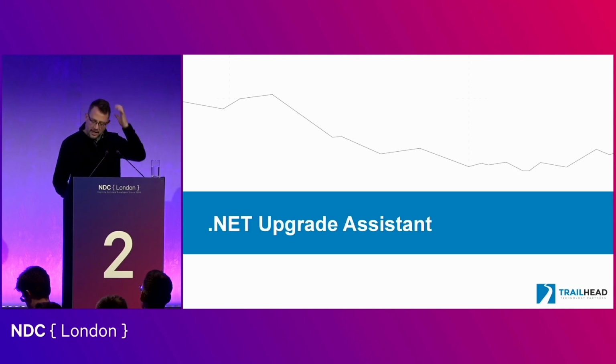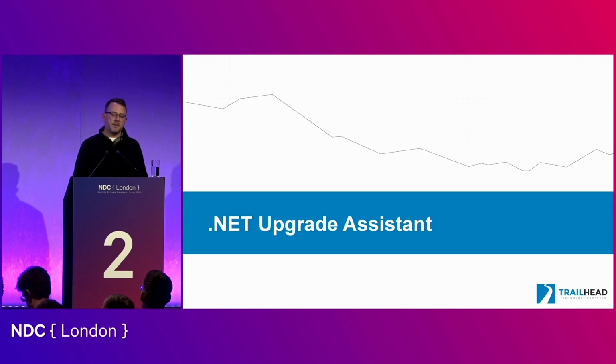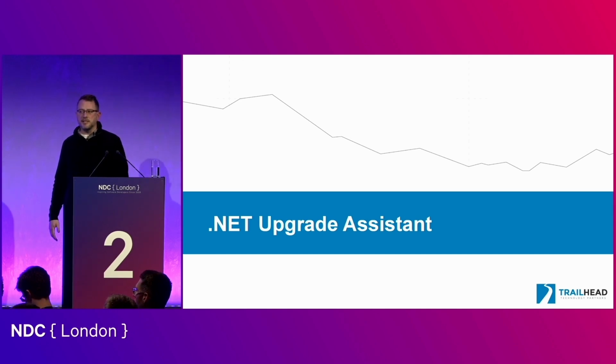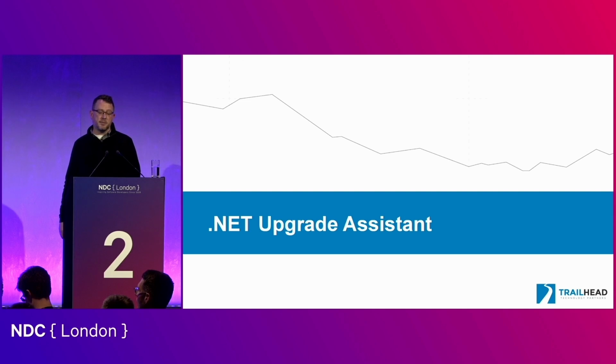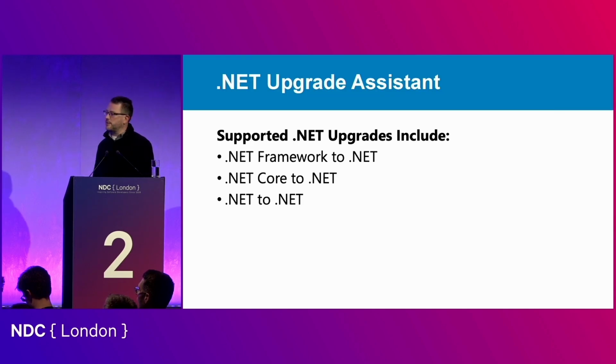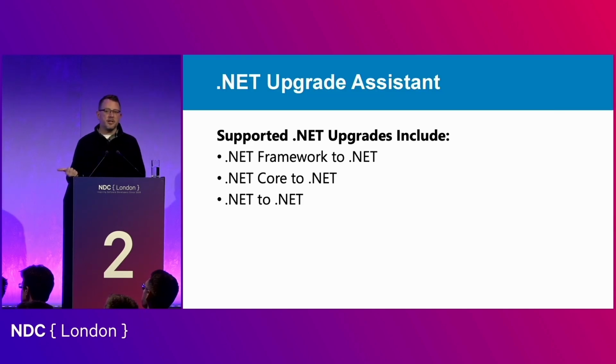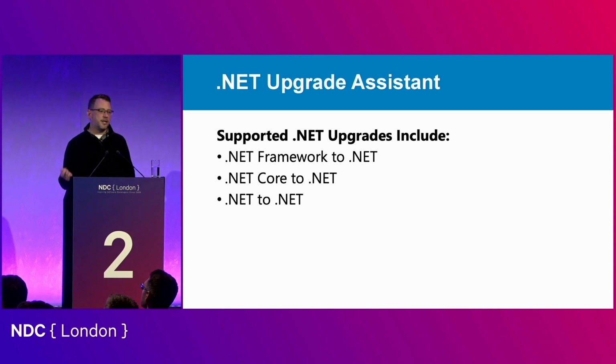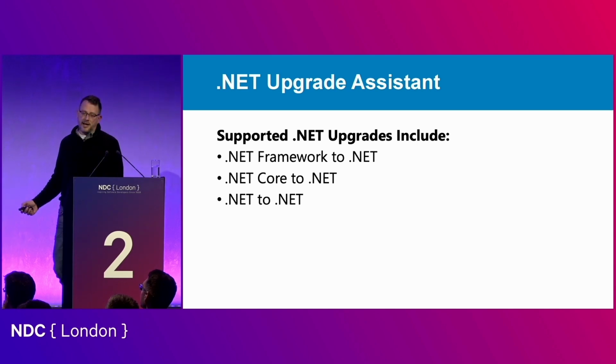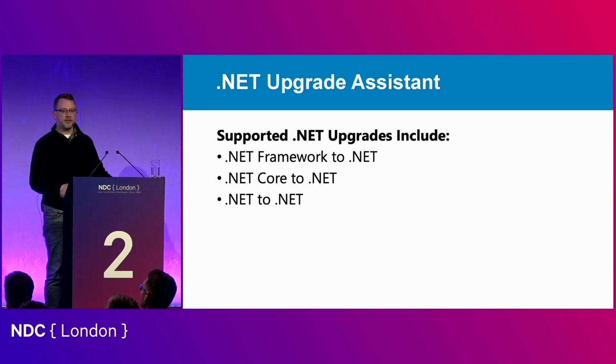The last thing I want to talk about a little before we get into a particular example is the .NET Upgrade Assistant. This is something that I'm going to show you in just a minute, but it's a really powerful extension for Visual Studio as well as a tool that you can add to the .NET CLI. And this helps you upgrade all of your .NET applications to newer versions of .NET.